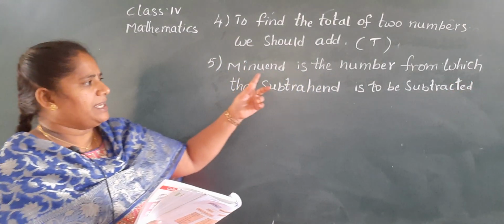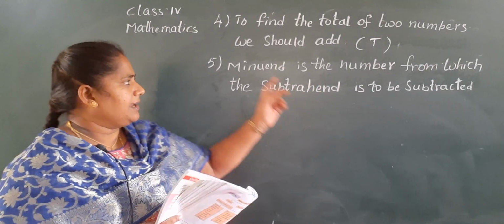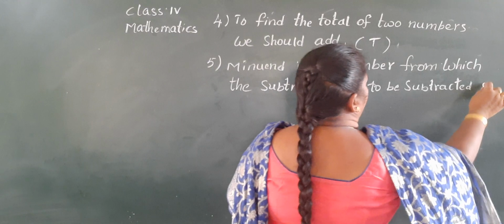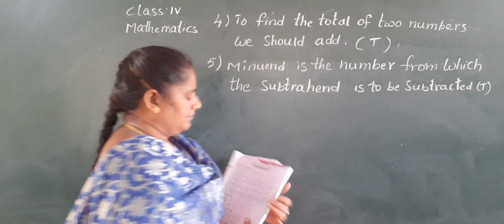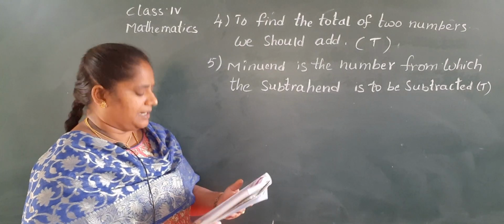Yes, minuend is the number from which the subtrahend is to be subtracted. Okay? So it is the correct statement. We will write T. So now true or false is completed.